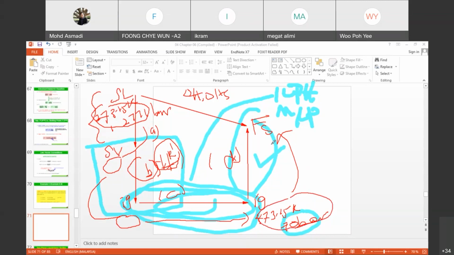Any questions about this example? Is my explanation clear? If you don't understand, you can write in the chat box, or you can unmute your microphone. Any questions? Okay, so I guess no questions. You can understand.